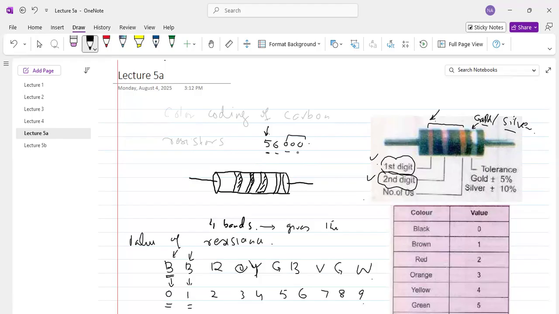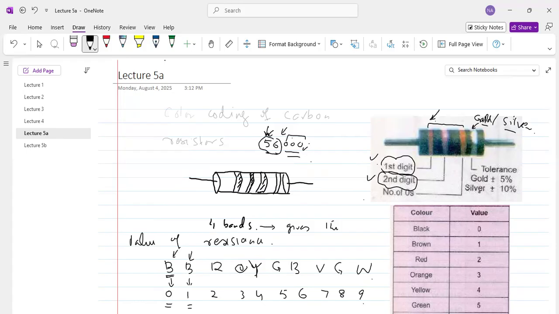So the first color band represents the first digit, the second color band represents the second digit, the third color band represents the number of zeros, and the fourth band is the tolerance band.